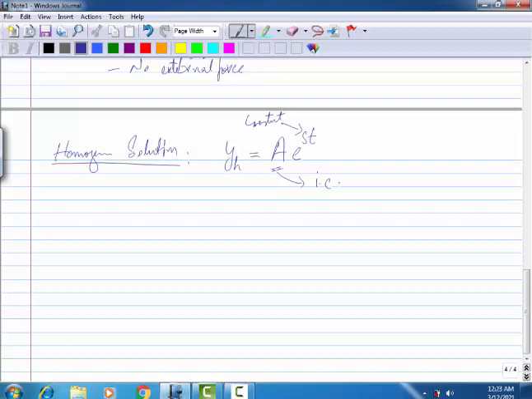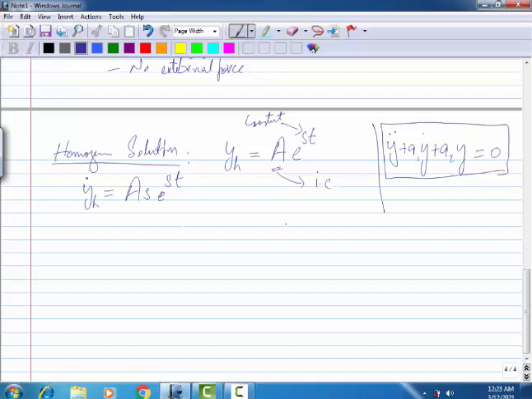So this is the form of the solution we assumed. If I take the derivative of this, I can easily write y_h dot equal to A s e^(st). Now, we are looking for the solution of this type of differential equation, that is y double dot plus a1 y dot plus a2 y equal to 0, if I am looking for the homogeneous solution.